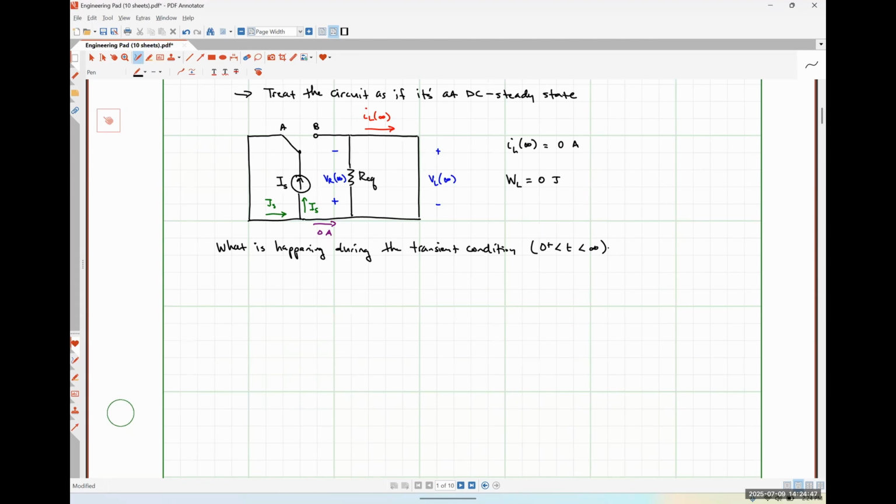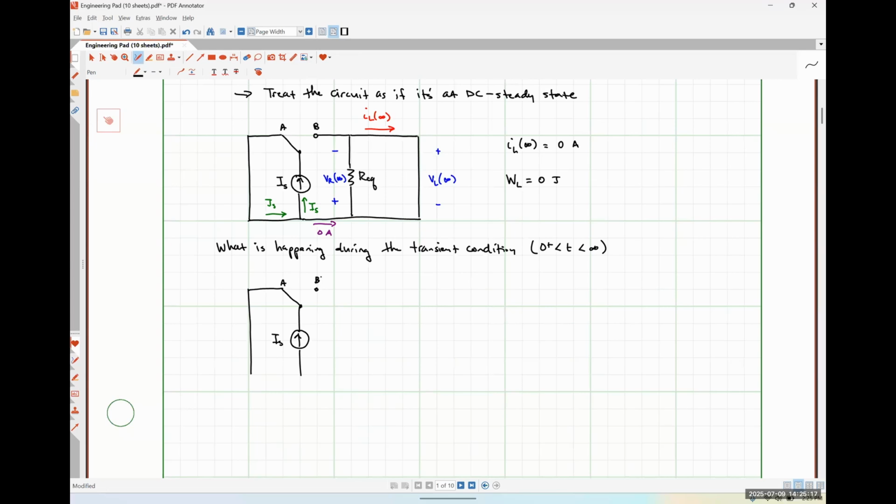If I were to draw our circuit here, I would have something that looks very similar to what we had at t equals infinity, except that our inductor is actually going to be represented by inductance. So here's my switch closed at position A. My current source.